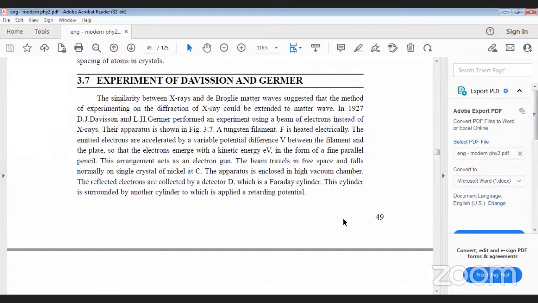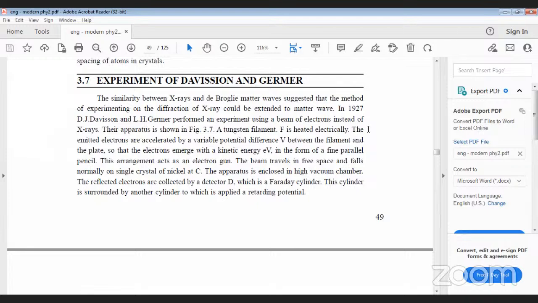Here, de Broglie's matter waves were suggested by the method of experimenting on the diffraction of X-rays. Diffraction of X-rays would not be extended to matter waves. Matter waves are different. So in 1927, C. J. Davisson and L. H. Germer performed an experiment using a beam of electrons instead of X-rays.